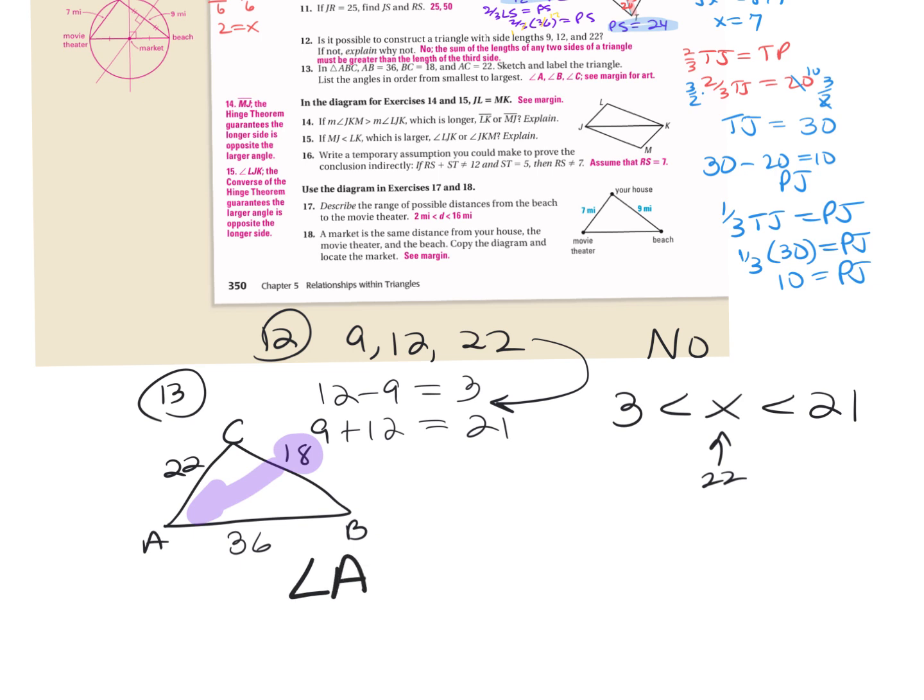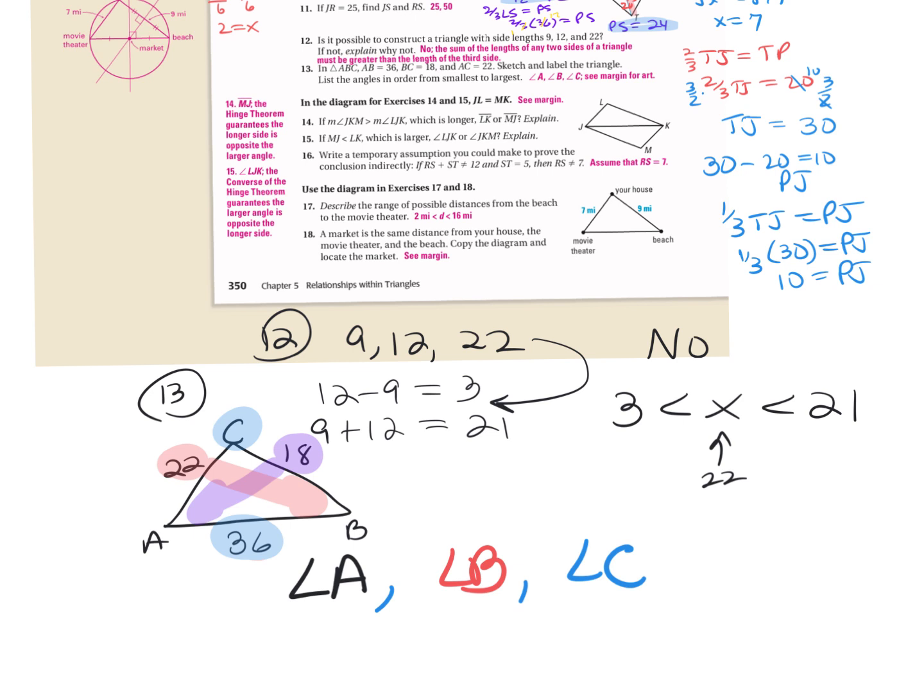Then the next biggest side is the 22. And that would be angle B, which is across from it. And then lastly, the largest side is the 36. And the angle across from that is C. So from smallest to largest, it's angle A, angle B, angle C.